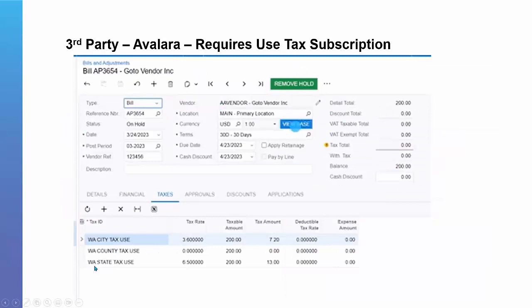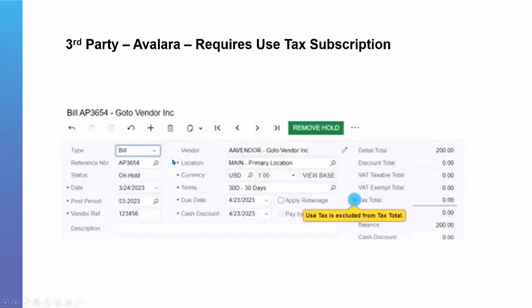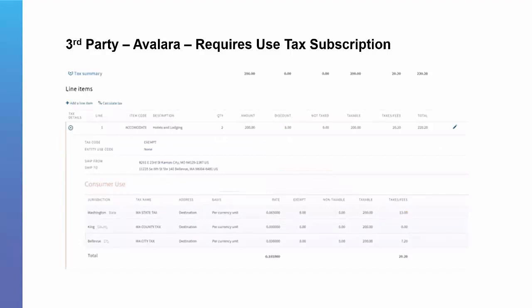So you'll see here, in this case, if I go to the next screen, basically that little button is telling you use tax is excluded from this tax total. So it's just a way to be able to calculate the use tax, and if you do have Avalara, then it would transmit that information for Avalara to be able to calculate use tax independent of sales tax.